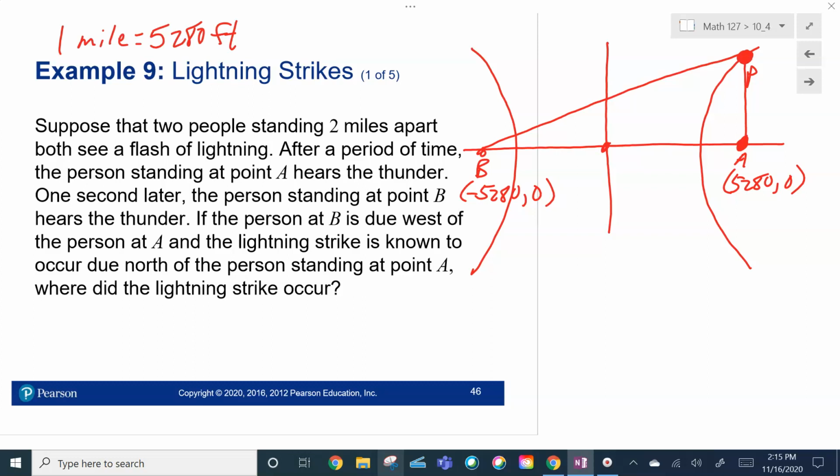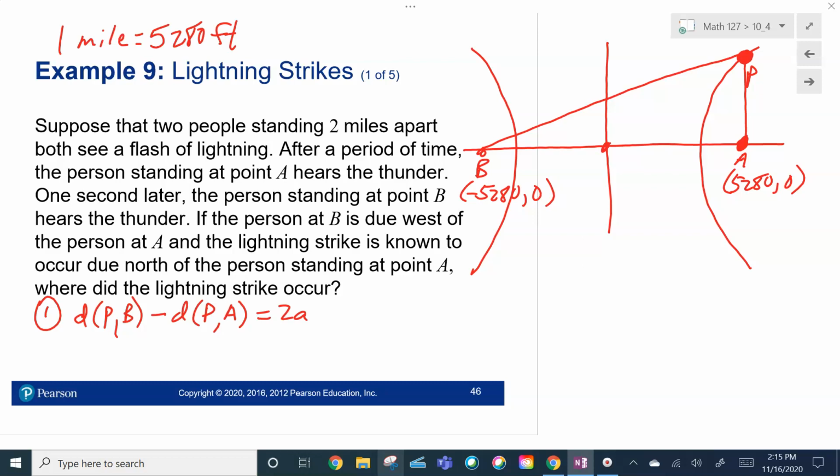Okay. Now, if you remember when we began this section, I said the difference between the distances, so the distance from point P to the person at B minus the distance from point P to the person at A, is a fixed amount, it's 2a. That's the definition of a hyperbola.